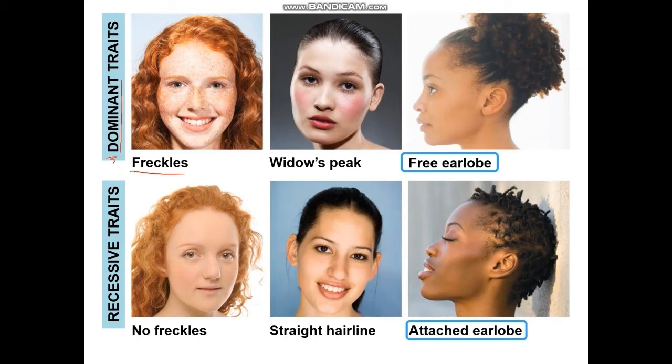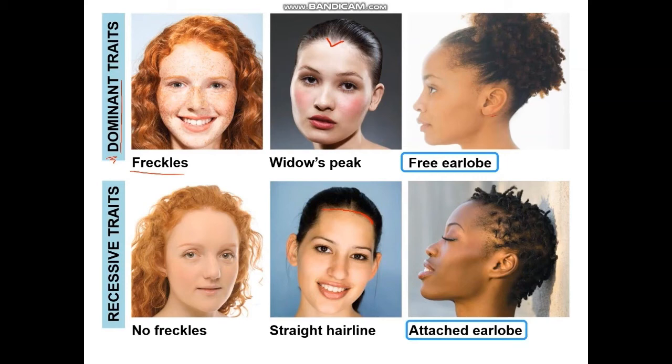The widow's peak, which is this little point of hair on the hairline here, is dominant over having a straight hairline. The shape of your earlobes is also genetically determined by a single trait.